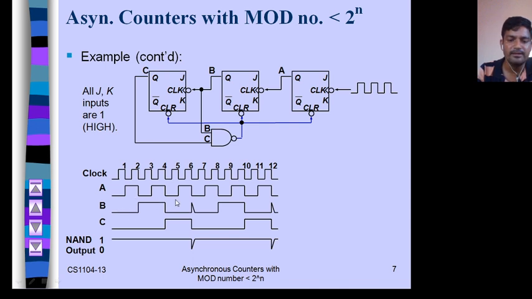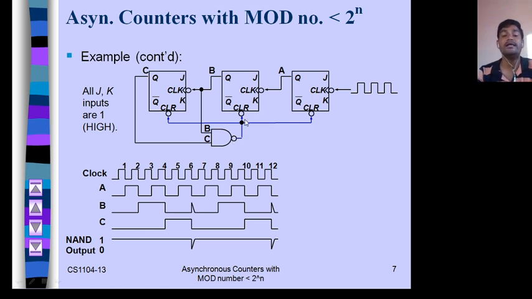Okay, then again it will toggle. Now the value is initially 0 0 0. Okay, no problem. In that case 0 0, and 0 complement is 1.